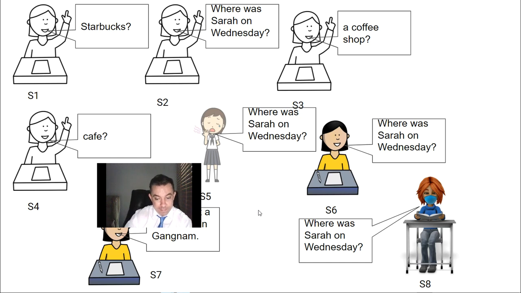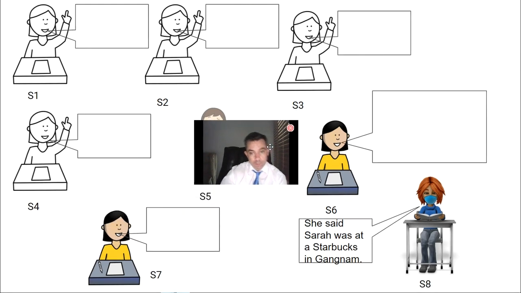S8, what did your partner say? She said Sarah was at a Starbucks in Gangnam? Whoa. S7, that's a creative answer for sure, but let's try to use one of the simple words we just talked about from the pictures.